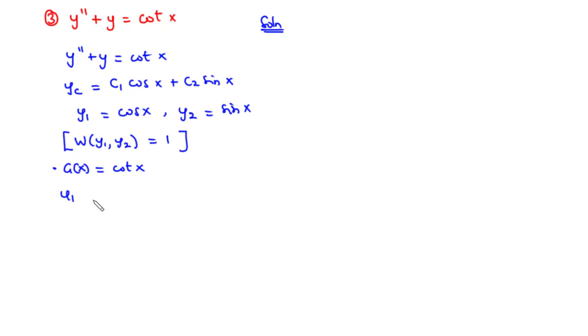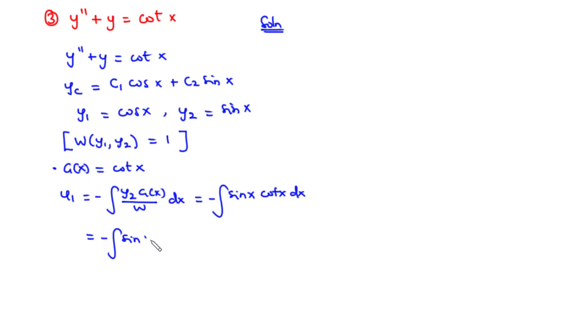So for u1, that is given by negative the integral of y2 times g of x divided by the wronskian times dx. So that is equal to negative the integral of y2, that is sine x, and then g of x to be cot x, so cot x dx. Now cot x is equal to cos x over sine x, so we have cos x over sine x dx.